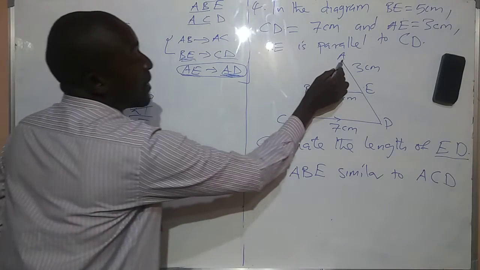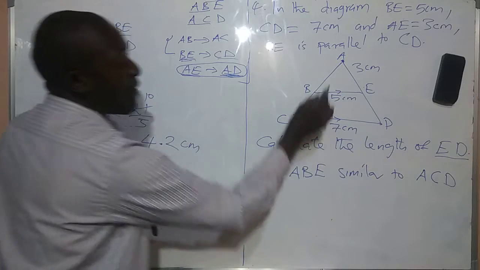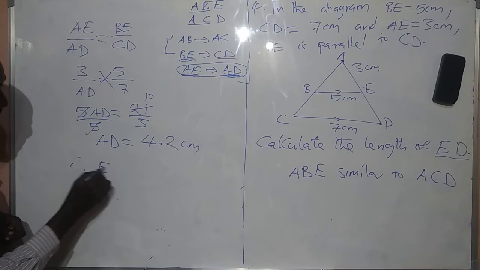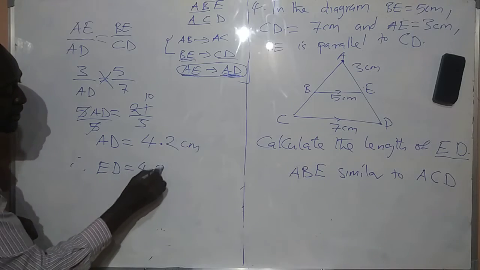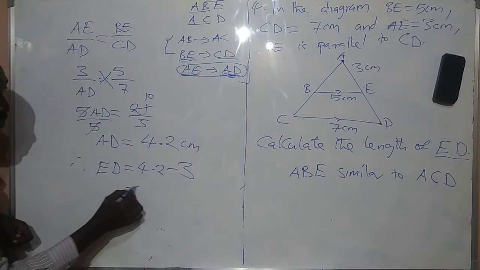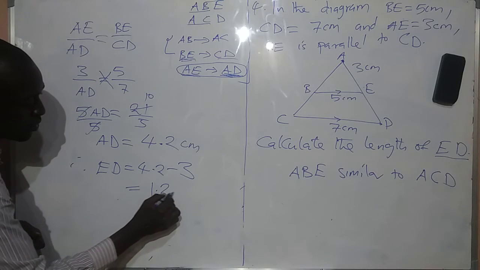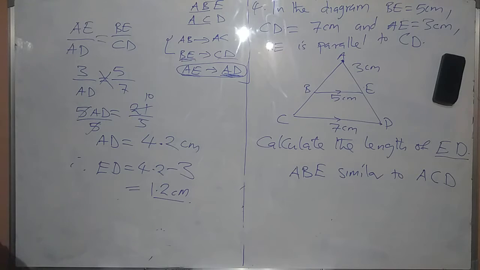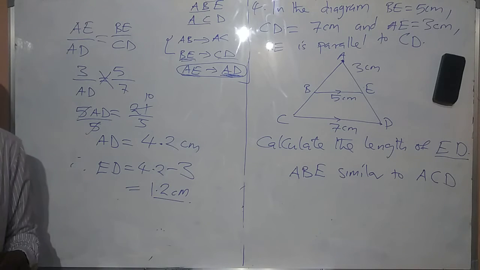So from A up to D, you have 4.2. Therefore, ED will be equal to 4.2 minus 3, this 3 that you have here. So you are going to have 1.2 centimeters as the length of the side ED.